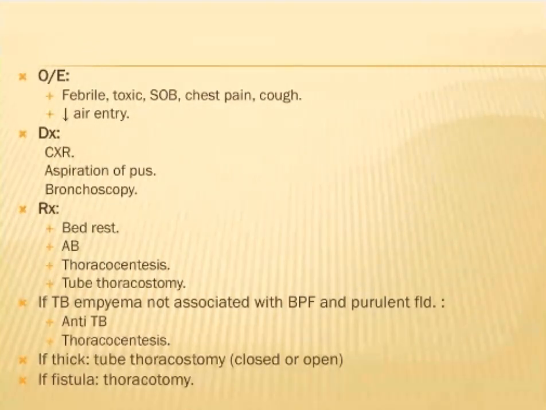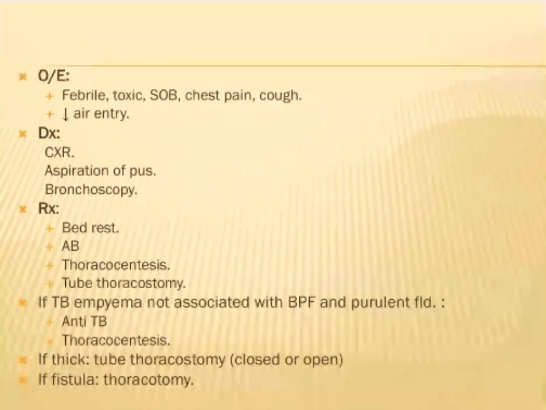The most important part of the treatment is bed rest and a good nutritional status to build up, to change from the catabolic phase to the anabolic phase. You should give an injectable antibiotic, and you can do a thoracentesis, or we can do a tube thoracostomy.